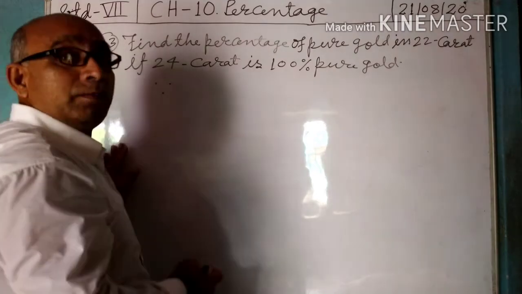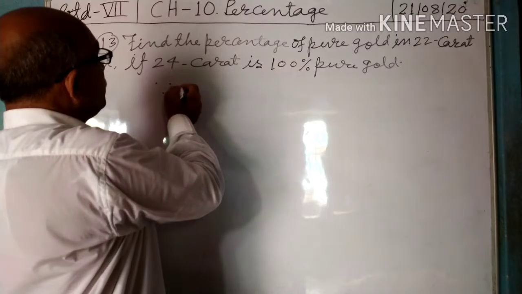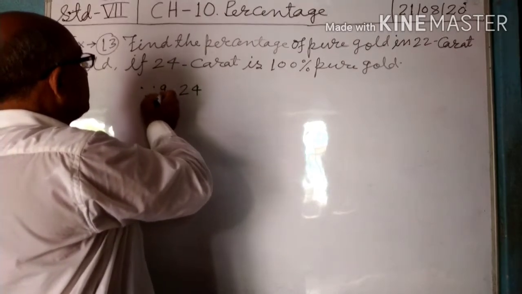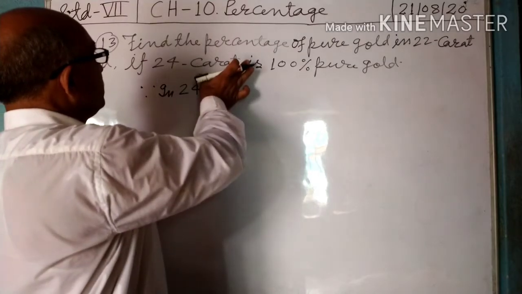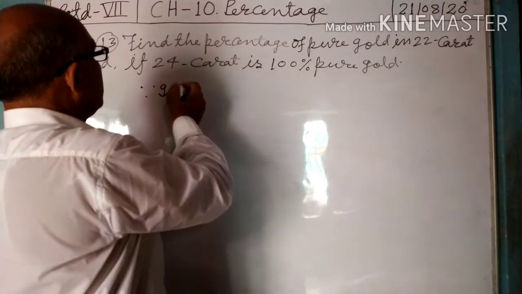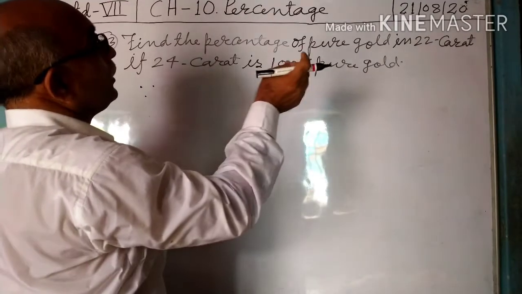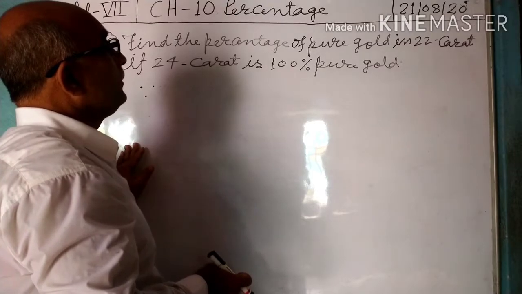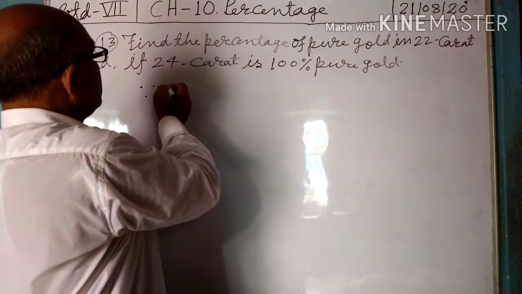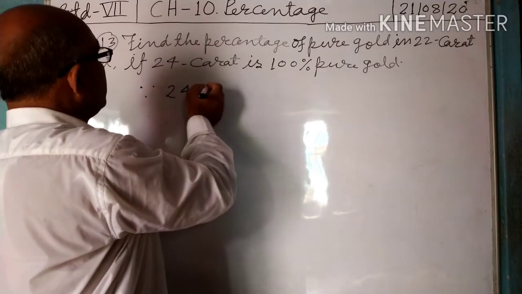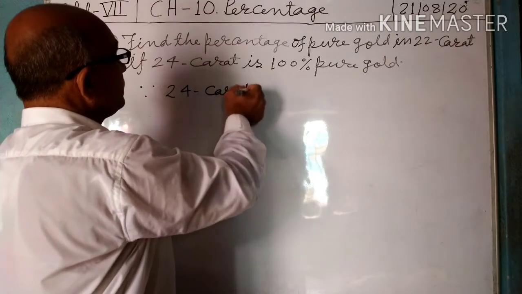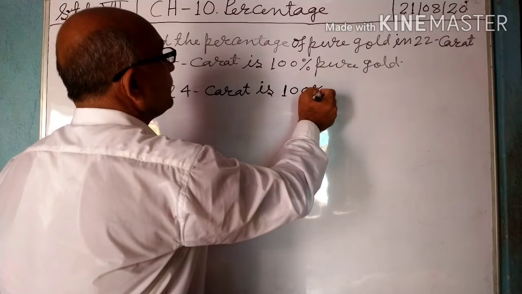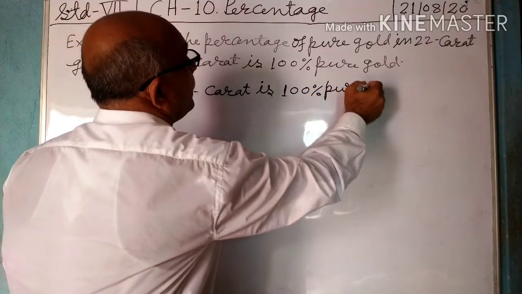This question is solved by the unitary method. Since 24 karat is 100% pure gold.